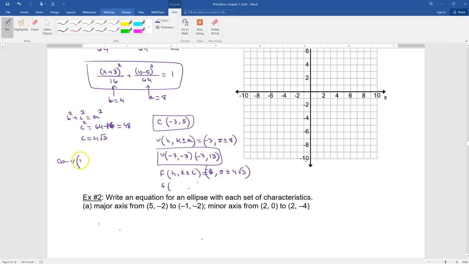So it's going to be h plus or minus b, comma, k. So that will be negative 3 plus or minus 4, comma, 5. So I have negative 7 and 5, and 1 comma 5 also.